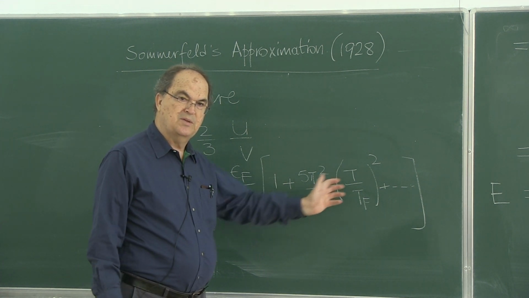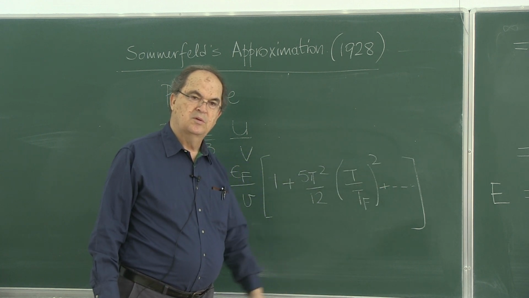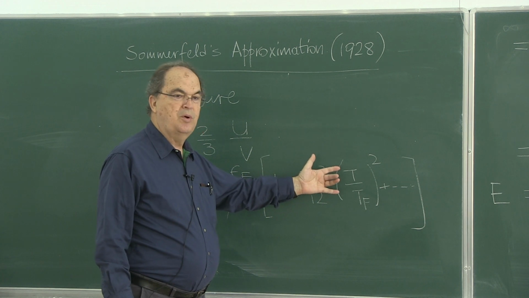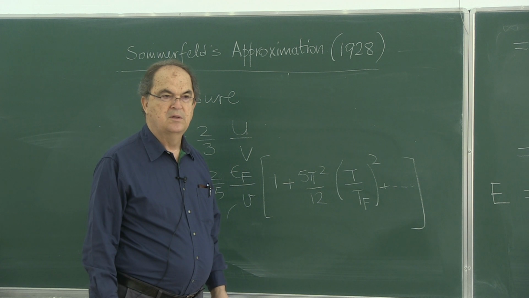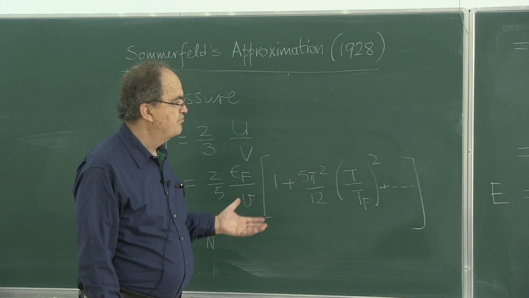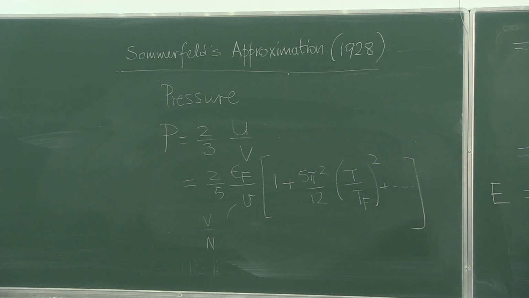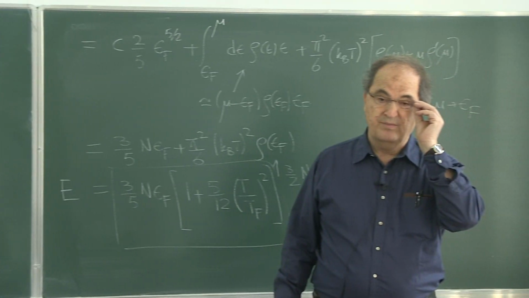So any expansion should go to terms smaller and smaller. If T squared is small, T to the fourth is even much smaller, isn't it? So, very easy way to do it. So, what I advise you is to learn the technique and apply it if you are not able to continue with the full formalism.